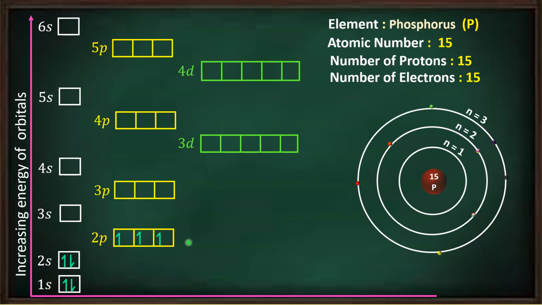Okay, so 2p orbital is completely singly filled. Then pairing will take place. So 8th electron, say this one, pairs up with this electron. These two have opposite spin. Next, 9th electron will pair up with this electron, and finally this electron.